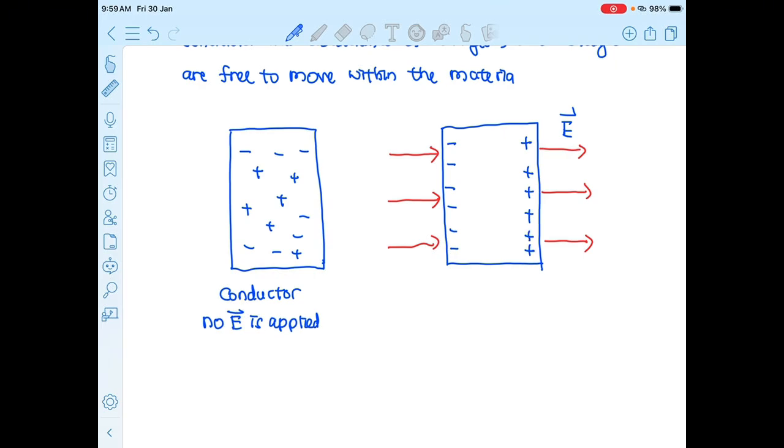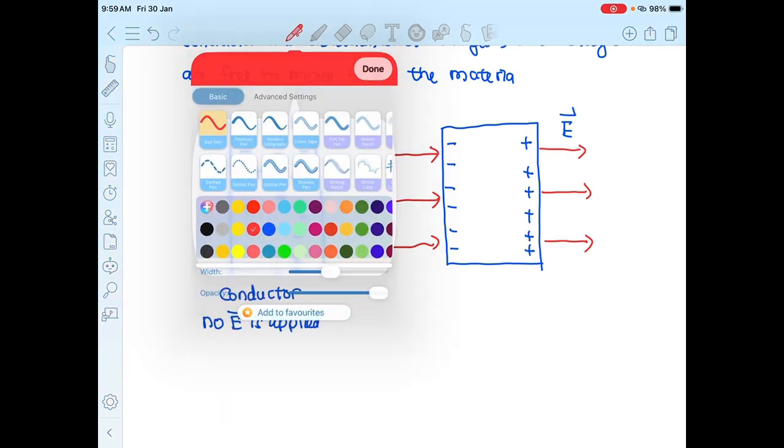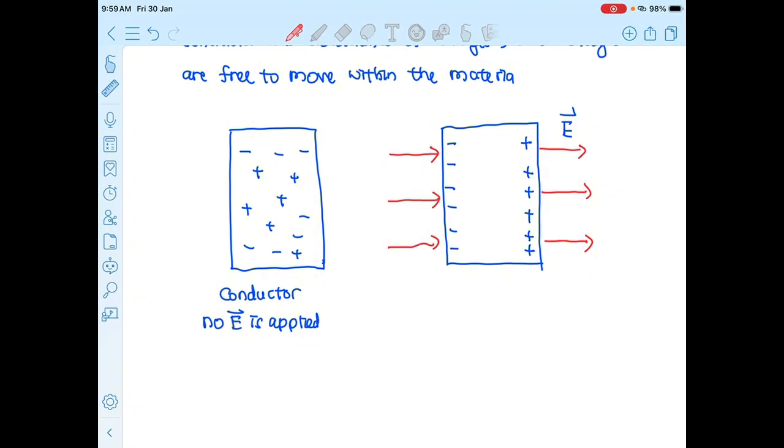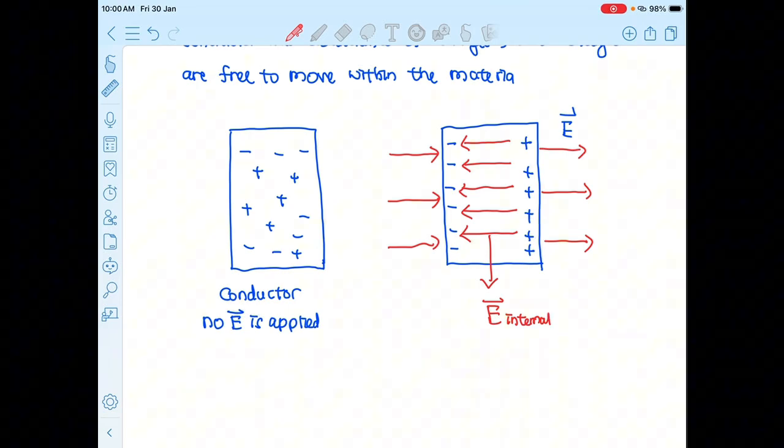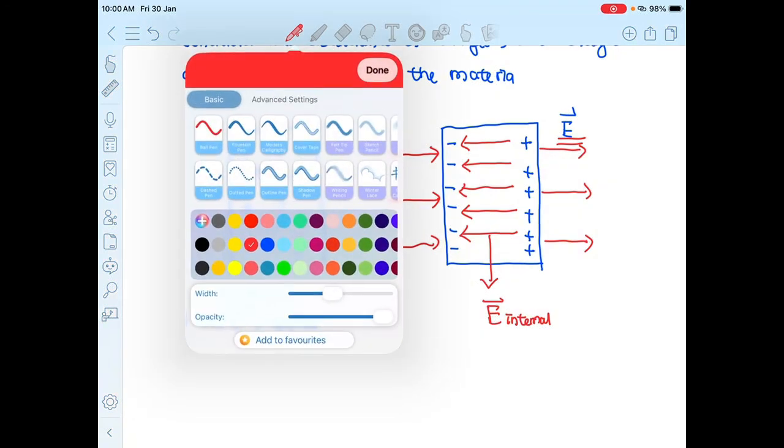As a result of these accumulations, an internal electric field appears inside the conductor. This internal electric field opposes the direction of the external electric field.